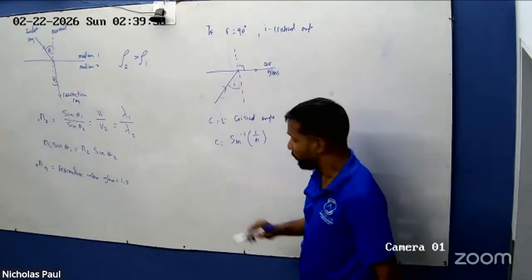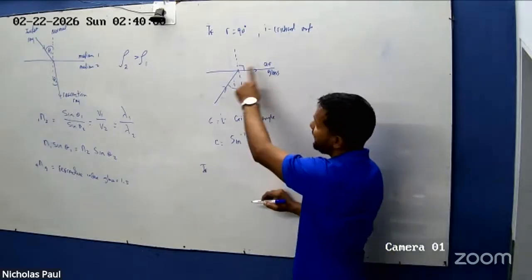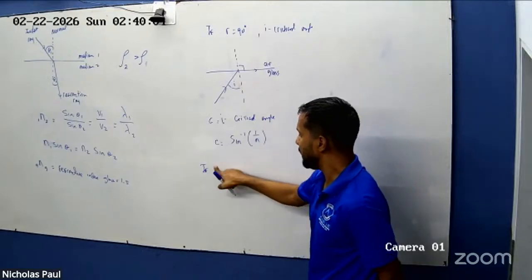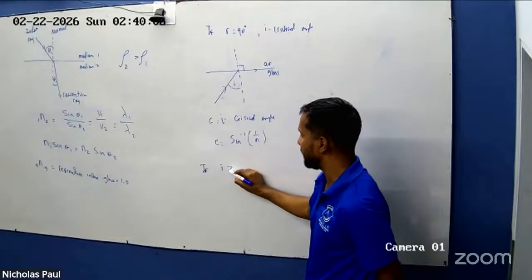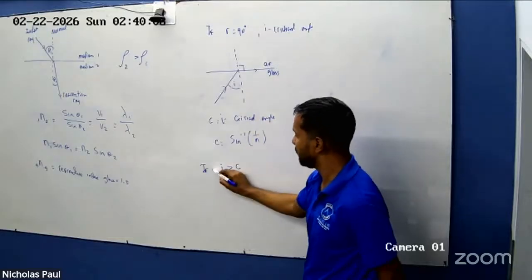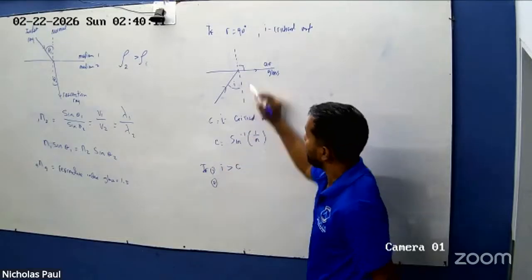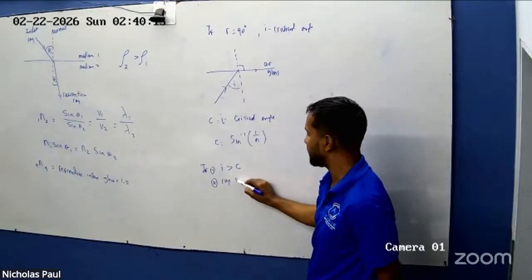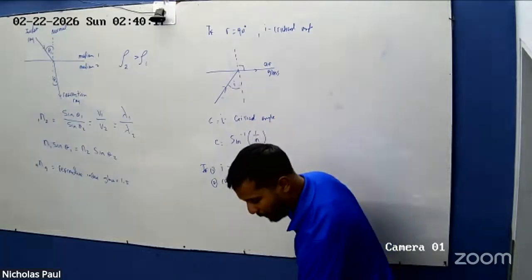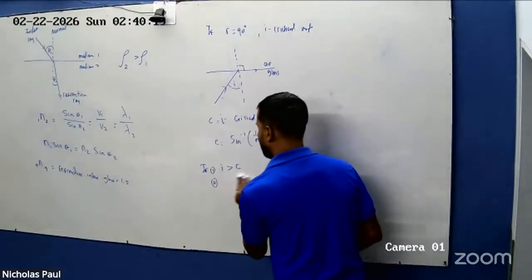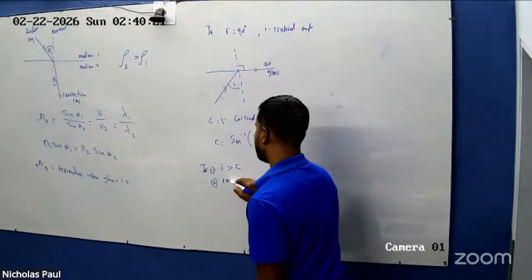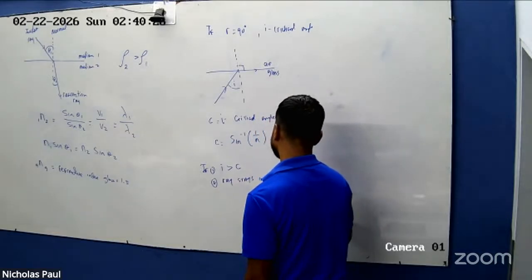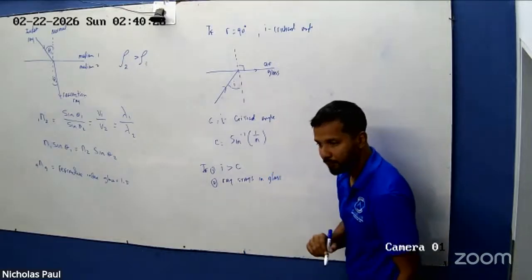But what would happen in this scenario if the angle of incidence is more than the critical angle? So if i is more than c and the ray stays in glass, what happens?